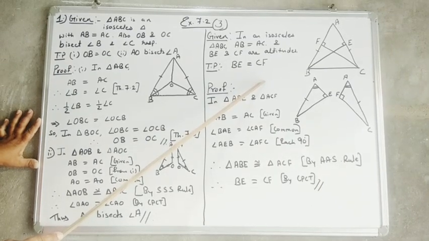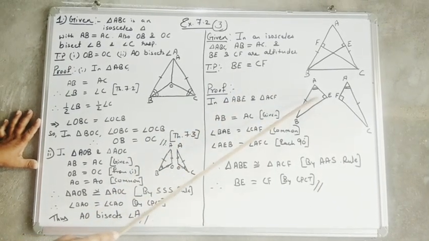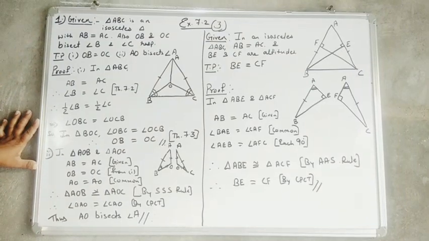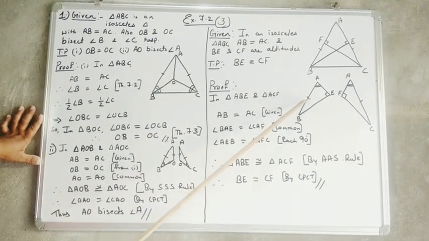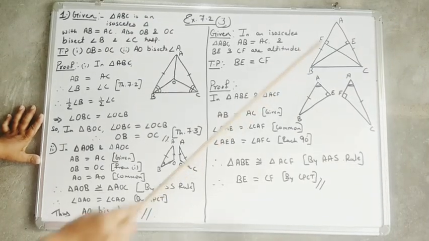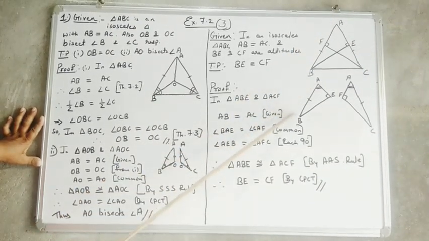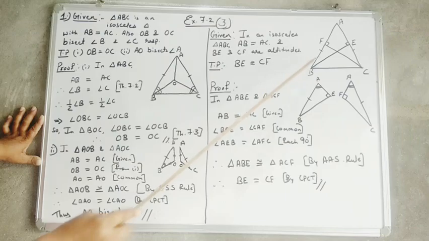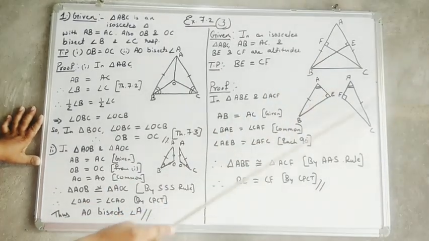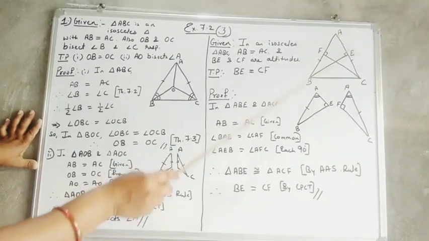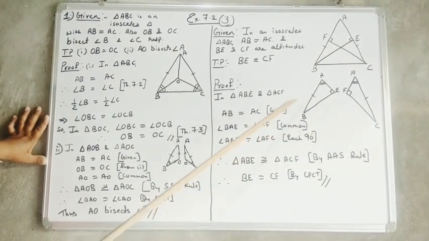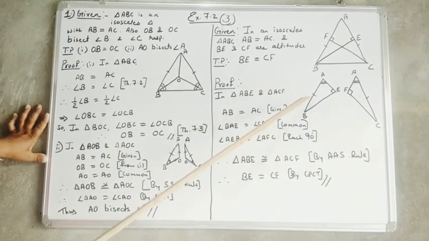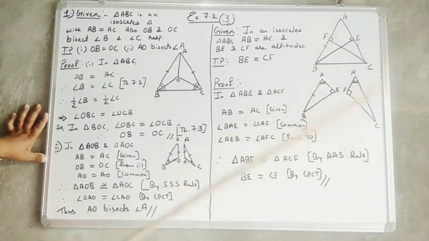For proving this, we have to prove congruency between two triangles. Which are the triangles? Let us see: ABE and ACF. Draw both triangles separately, and whatever is given, let us mark. AB is equal to AC.